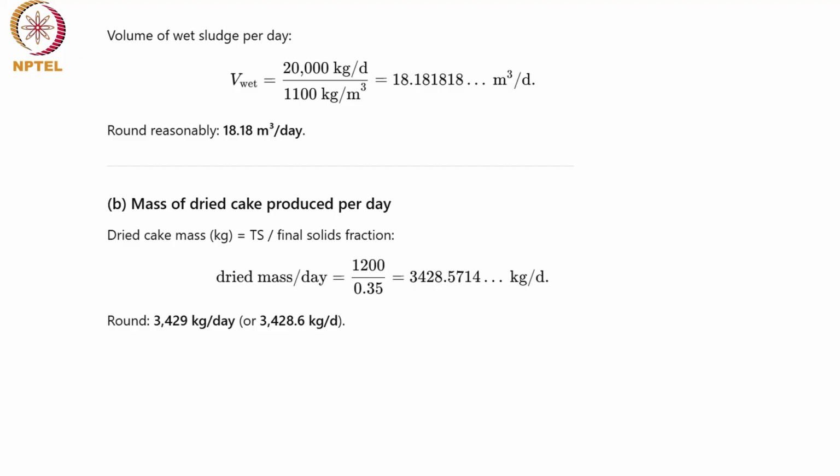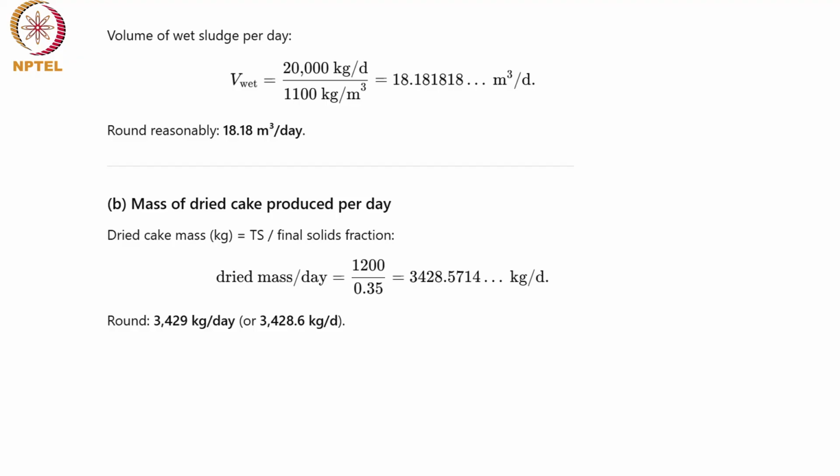You know in one day 18.18 volume is generated, the volume of sludge generated in a day. So for 10 days, how much will be generated? Multiply by 10. That will be the meter cube of your sludge produced.